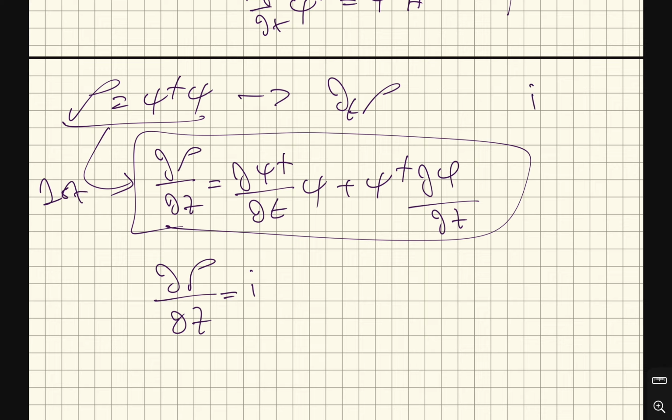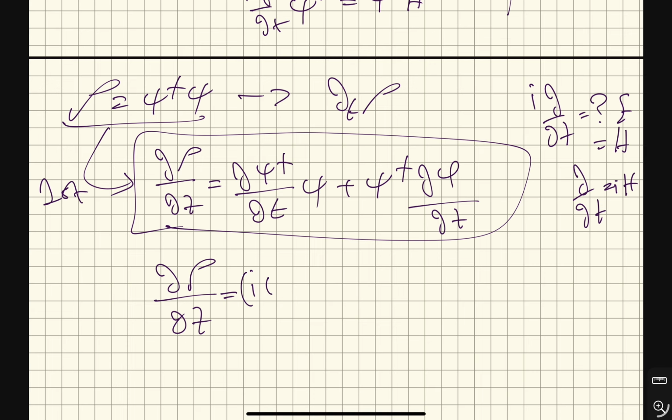Sorry, i partial t is what? The energy, which is the Hamiltonian. So partial psi dagger over partial t will be equal to i psi dagger Hamiltonian, there's no h bar.